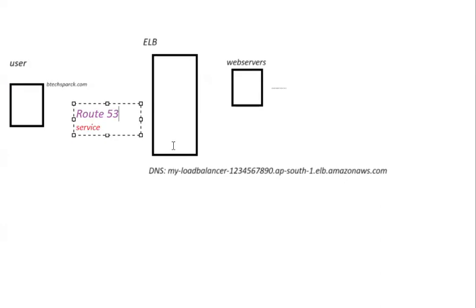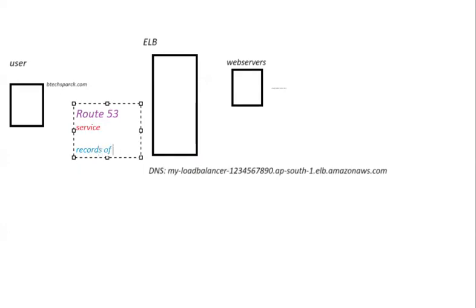Only if it maintains them can it route the traffic from this request to this URL, right? That means this Route 53 must maintain the records.